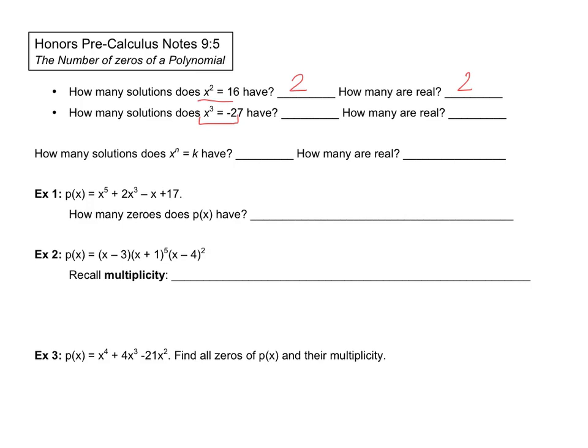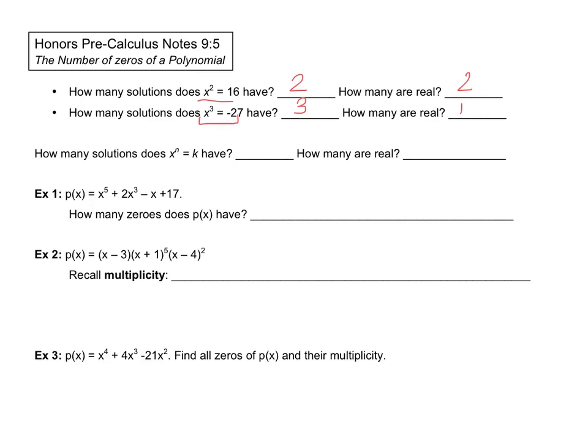But if we look at this one, x cubed equals negative 27. Up until now, you would have said that the answer x would equal negative 3. But this actually does have 3 solutions. However, the only real solution is negative 3. So there's one real solution to that equation, and the other 2 are complex numbers, which we learned how to find last class.